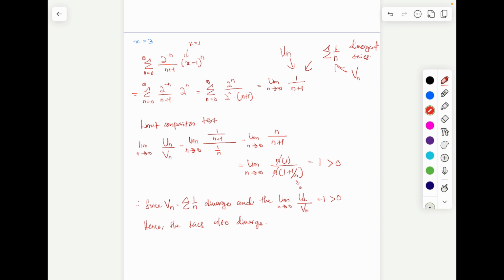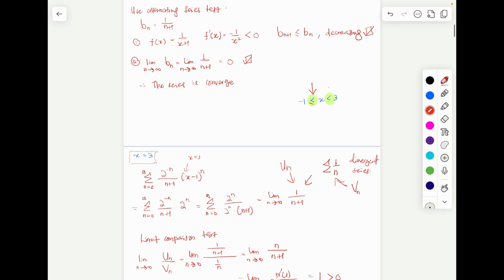Okay, since at x equals 3 the series diverges, I copy back this one.